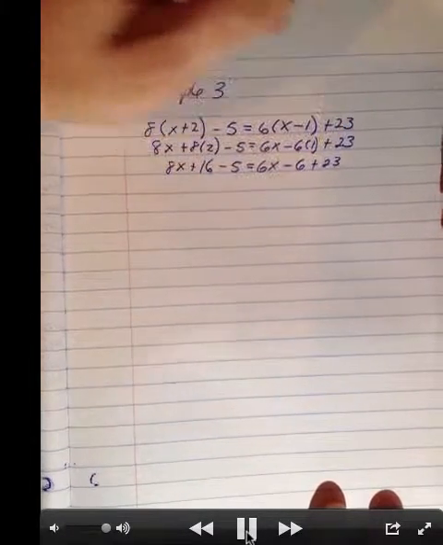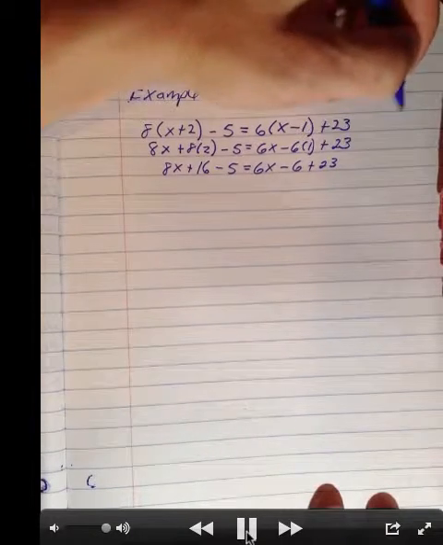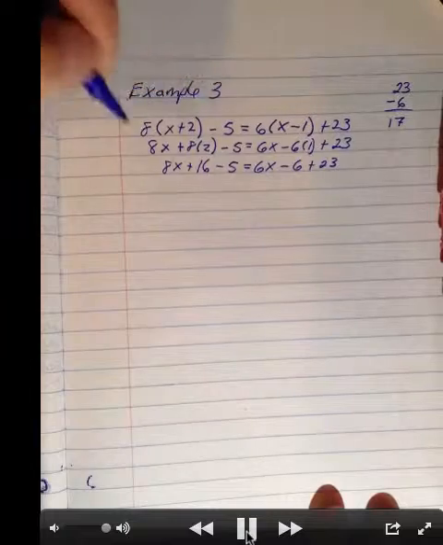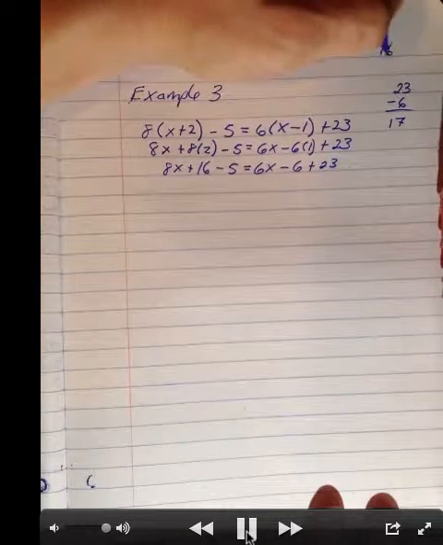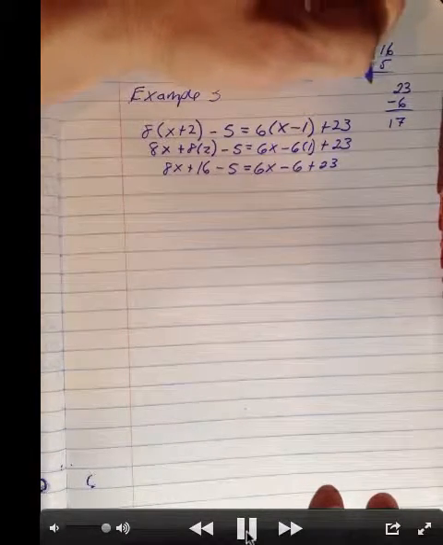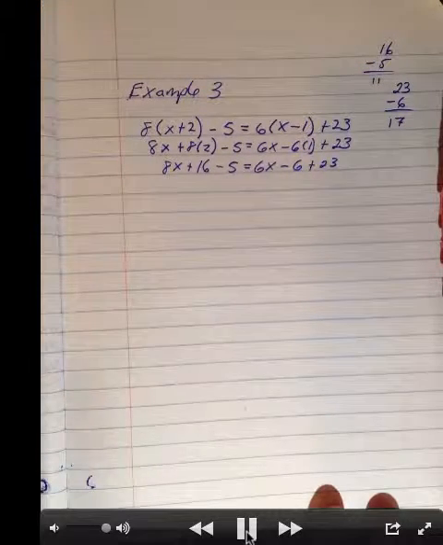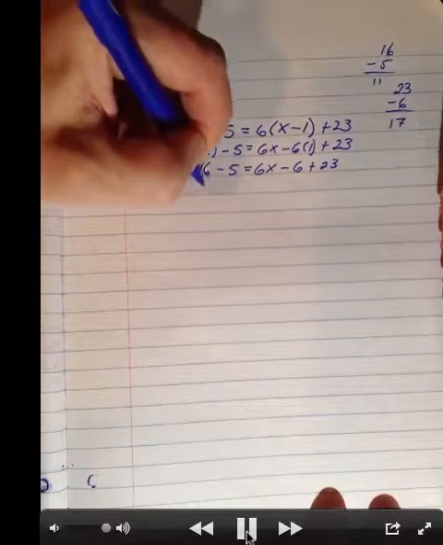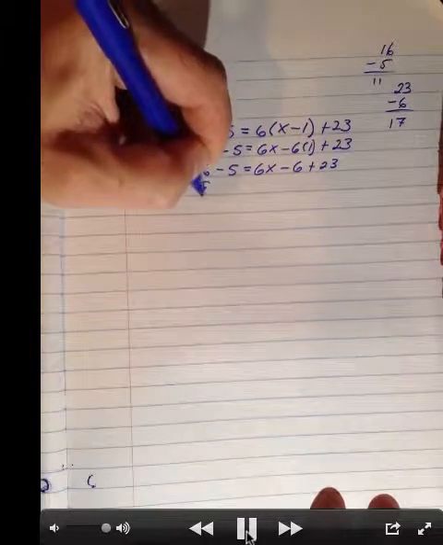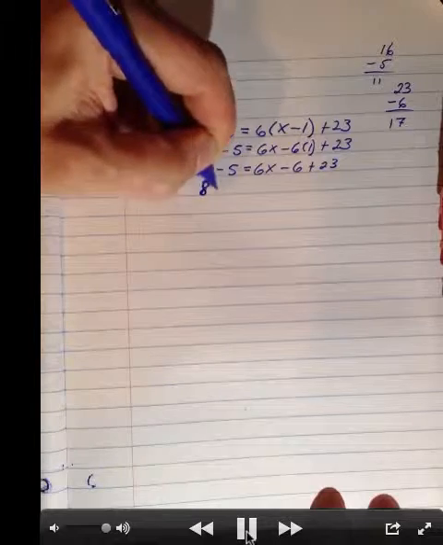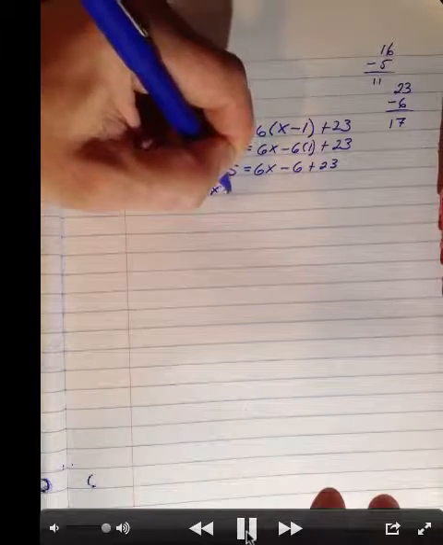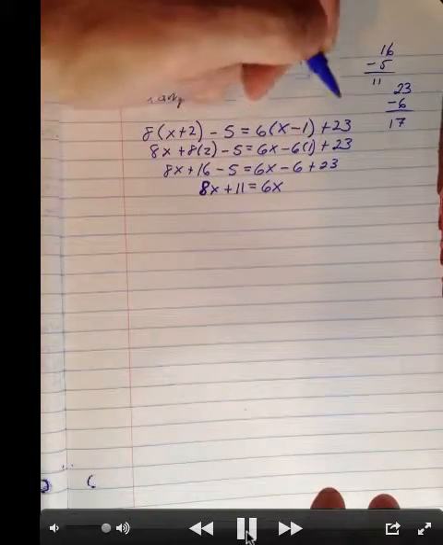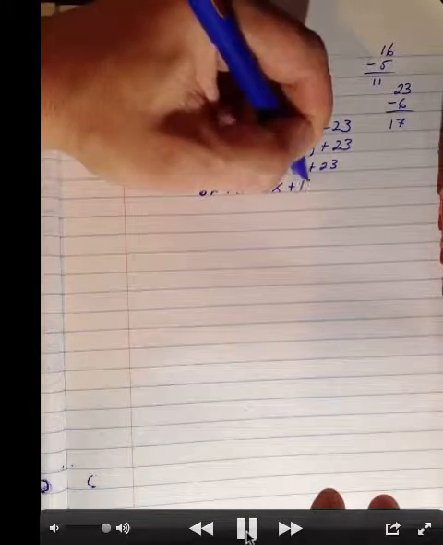Now we're going to combine the constants. 23 minus 6 is 17. And 16 minus 5 is 11. That leaves us with 8x plus 11 equals 6x plus 17.